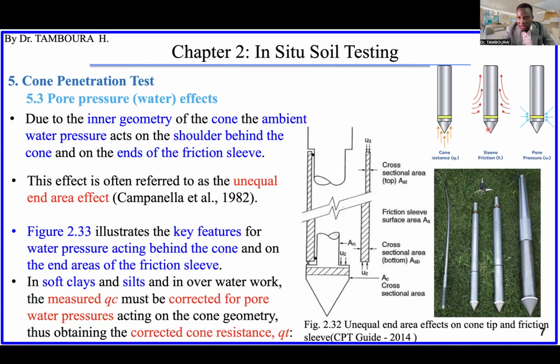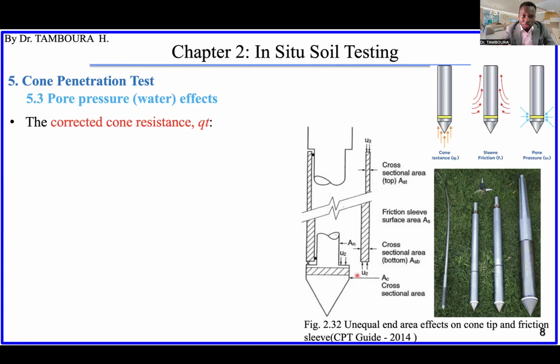You remember this figure of cone resistance, sleeve friction, and pore pressure. The measured cone resistance should be corrected due to the pore water pressure, and we are going to explain how to do that correction.